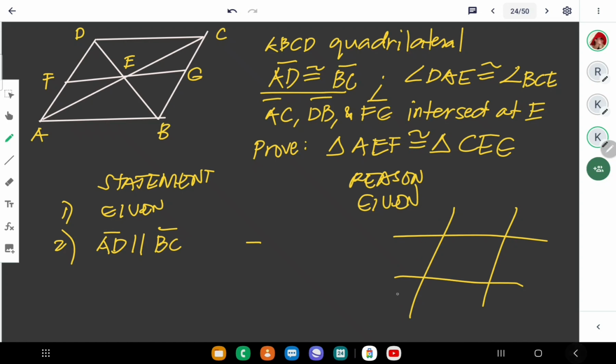This is A, B, C, D. So it's like a transversal. If two lines are cut by a transversal so that a pair of alternate angles are congruent, these are alternate angles. They're congruent, then the lines are parallel. So that will be the reason.